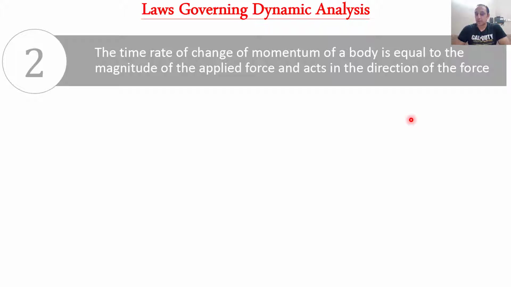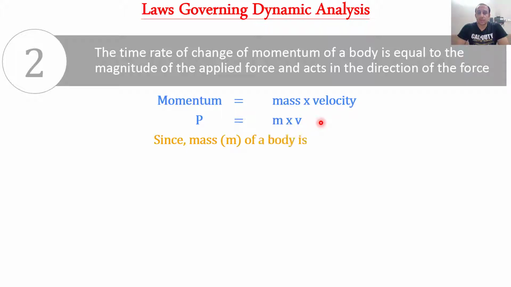Okay, so we know that momentum is what? Momentum is basically the product of mass and velocity, right? We denote the momentum with the letter P, and we denote mass and velocity with the letters m and v respectively. Since the mass m of a body is constant, mass is a property which remains constant irrespective of time.